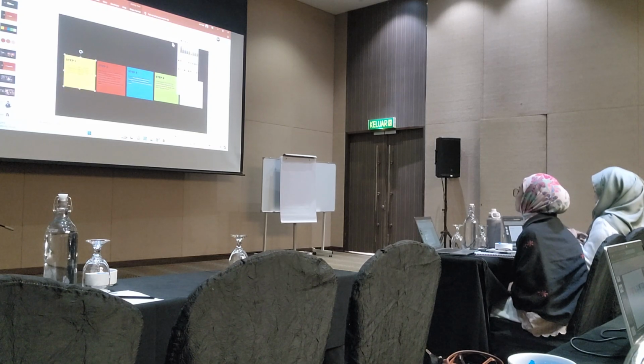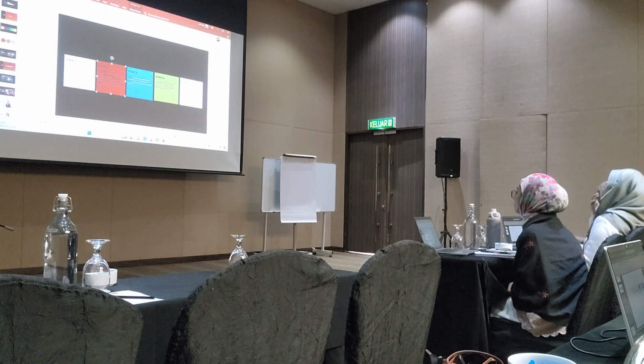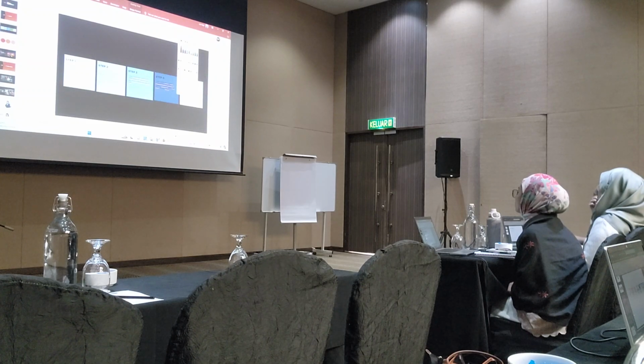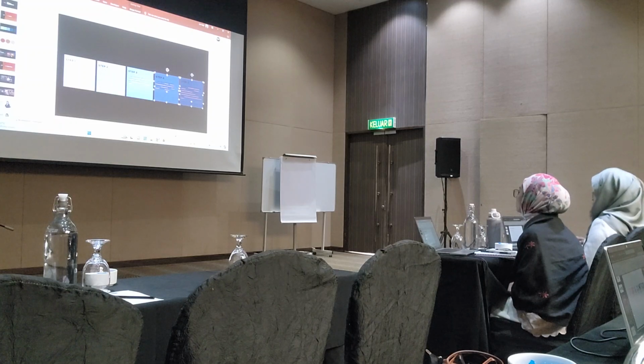For example, if you want to use blue, we start off with the lightest blue here, then you go to step 2, just work your way down to the second box, work your way down to the third box, work your way down to the fourth box. Having a consistent set of color schemes will always make your slides look more presentable versus having multiple colors. Yang ni kalau color dia gelap sangat, just reverse the text to white and it will look a lot more professional and a lot cleaner. Okay, jangan letak banyak-banyak colors.